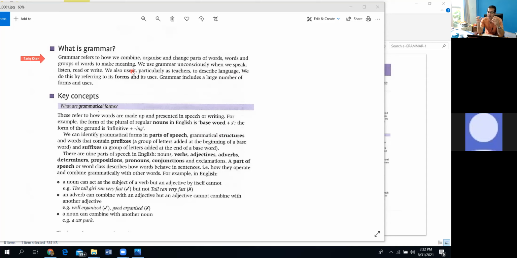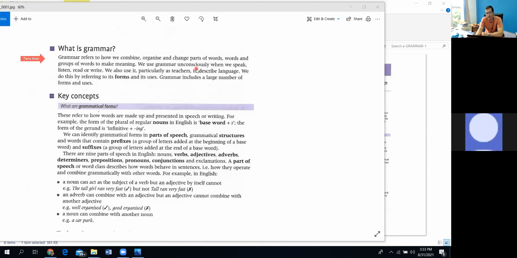So likewise, in these various things which we use in the grammar, and we use that in the language, what happens with that? We try to communicate and try to make others understand what we are saying. It's just a general thing which you need to keep in mind. Examination point of view, they don't ask questions about these things. When it comes, I'll let you know about it. That's on the next page.